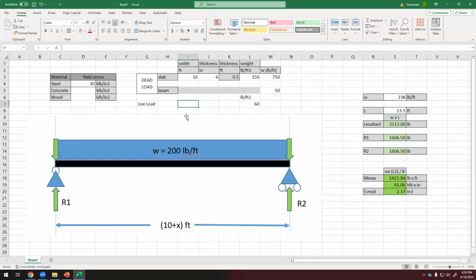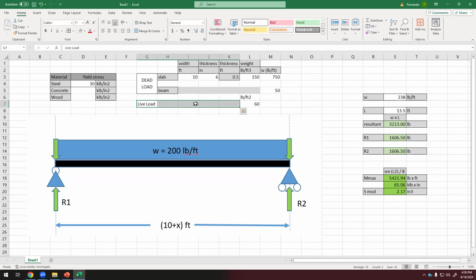So the live load in that rectangle, the rectangle is the length by the width. So in that rectangle, we have 60 pounds per square foot. So I need here the same width, 10. If I want to change only once, I can type equals and select this cell. And then I have to change only once.